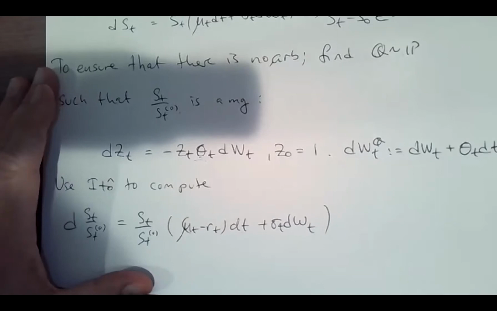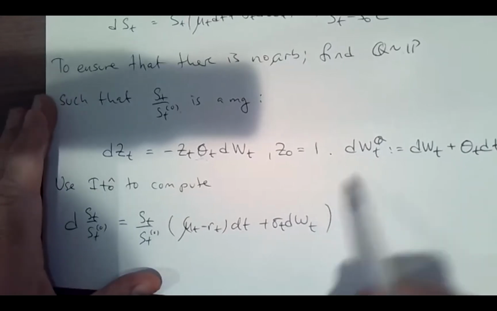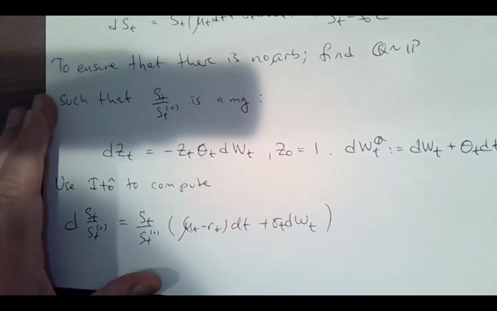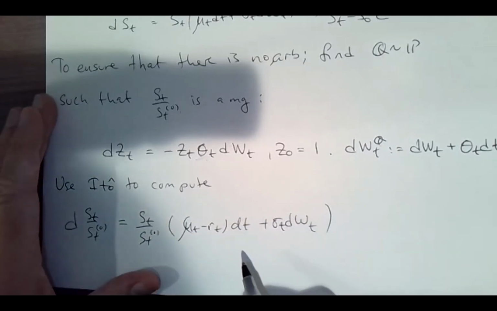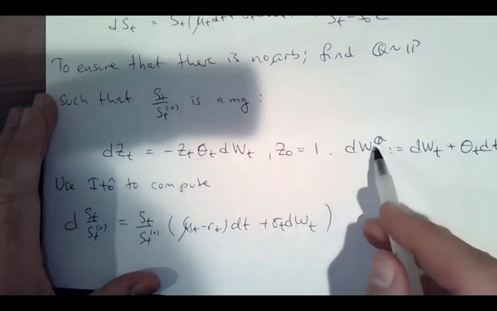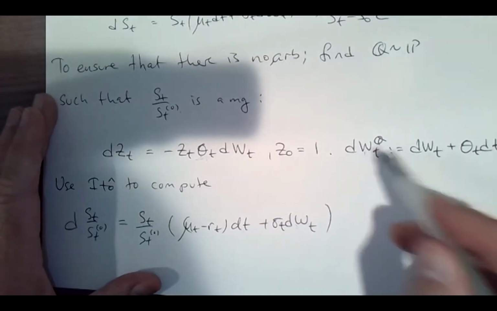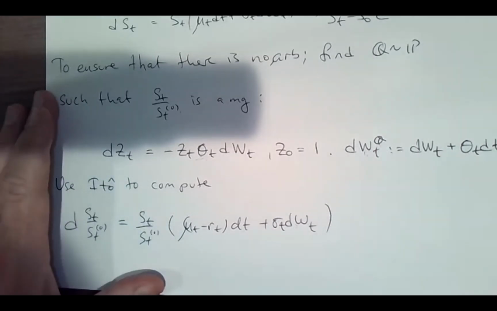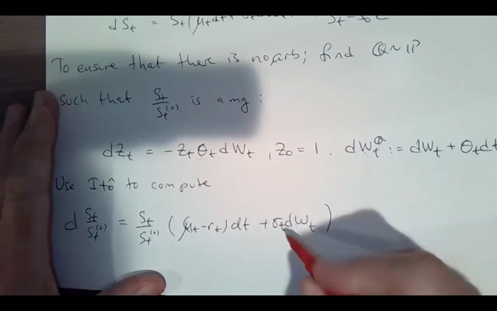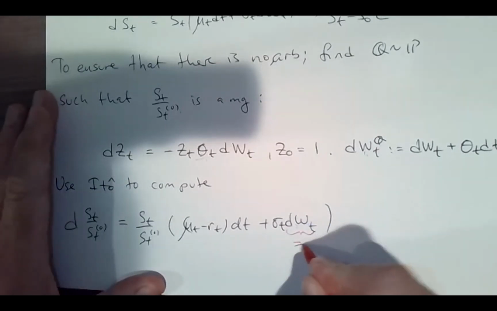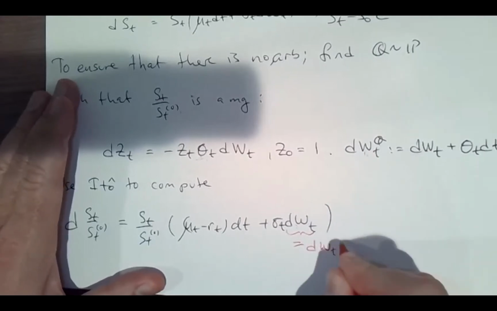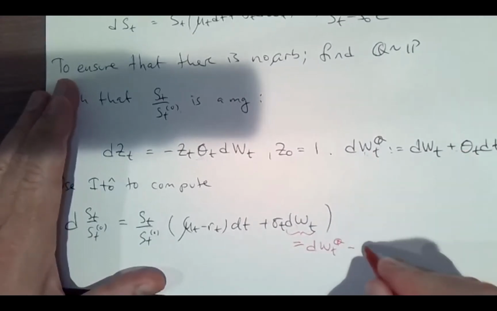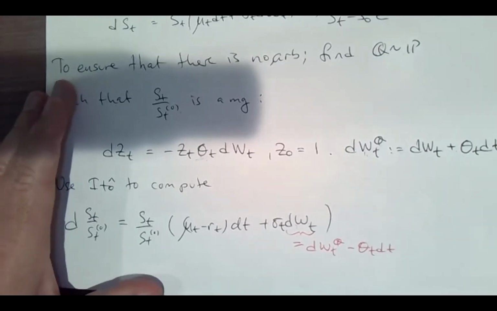So now we have that, and I know now that this is a martingale. This is a Brownian motion under that measure Q that has this as its Radon-Nikodym derivative process. I'll replace the W here by this W_t^Q, and the way I do it is I'll replace this part here. This is equal to dW_t^Q minus my theta_t dt.